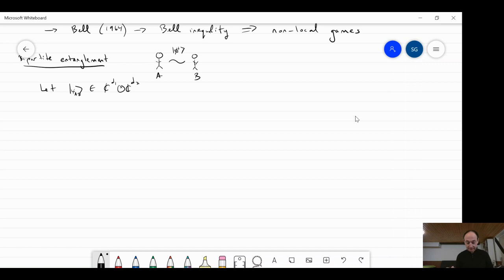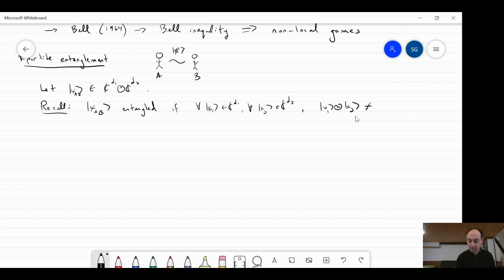Recall from the previous lecture, we said that psi AB is entangled if, let me write it using a positive quantifier, if for all states psi1 in the first space, for all psi2 in the second space, their tensor product, psi1 tensor psi2, does not equal psi AB.